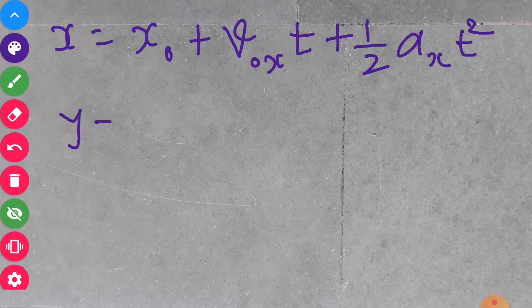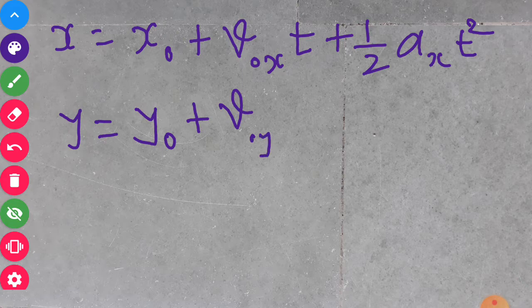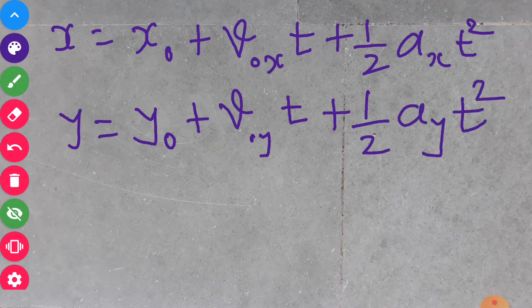Similarly, final y coordinate is initial y coordinate y0 plus v0y, that is initial velocity in y direction, into t plus 1 half ay t square.